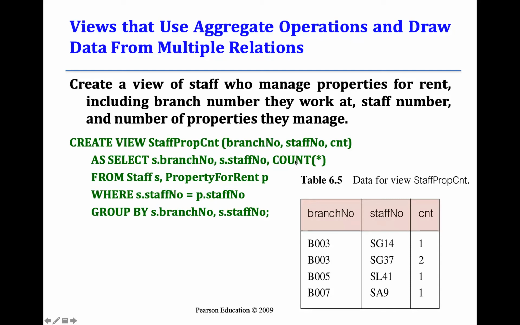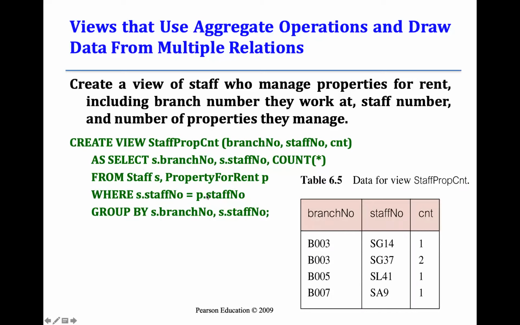So in the view, count star will actually be named CNT. And the rest of this is just like you've seen before. So we're grouping on the branch number and the staff number in order to get the count. And then we are doing a join on the staff number.